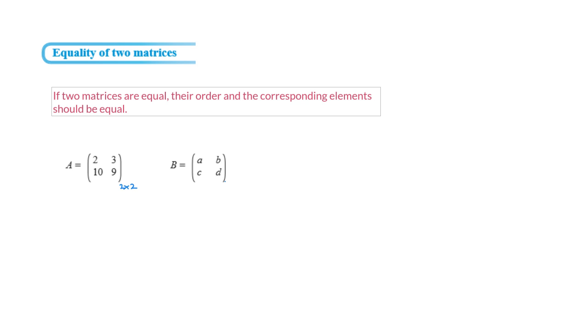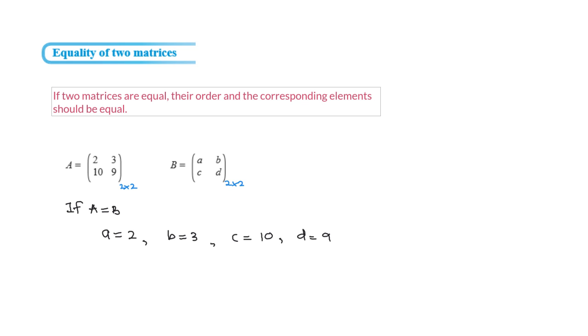If A equals B, a should be equal to 2, b should be equal to 3, c should be equal to 10 and d should be equal to 9. Therefore, A equals B. If two matrices are equal, order and the corresponding elements should be equal.